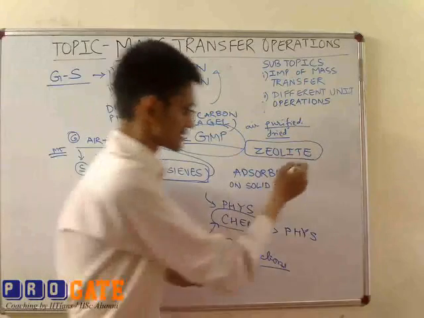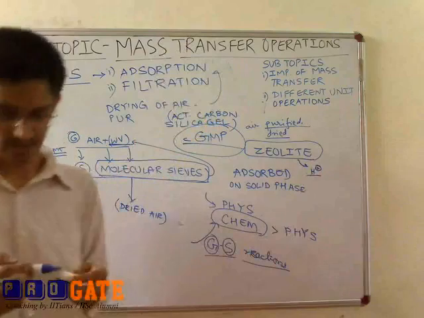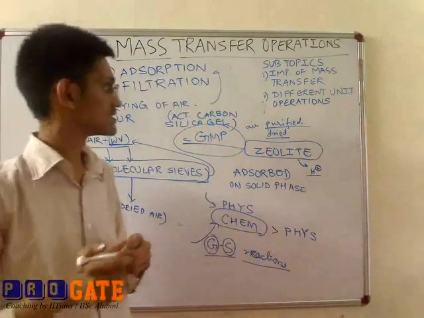Zeolite acts as the source of the H plus ions, hence the acid catalyzed reactions.